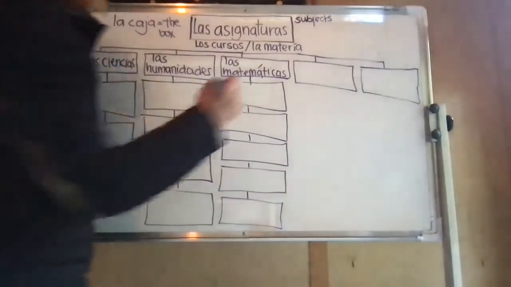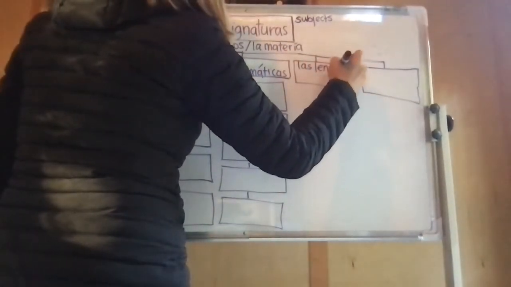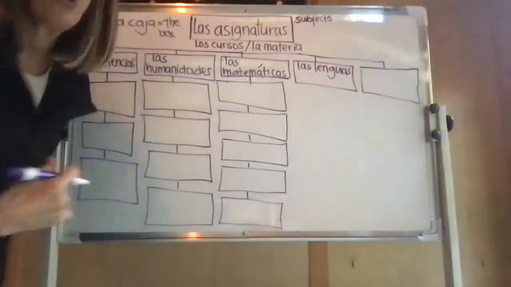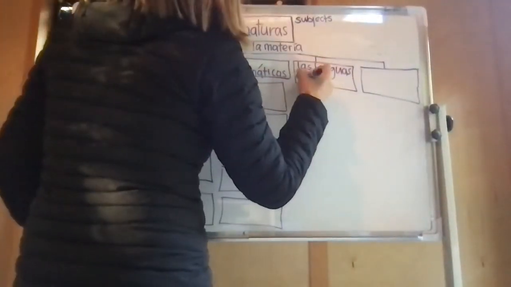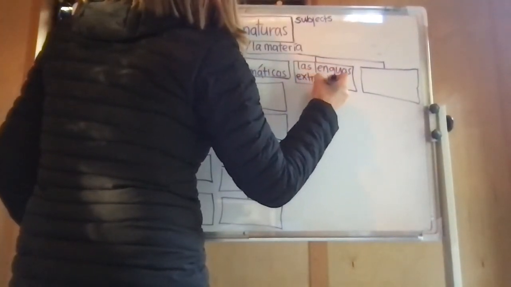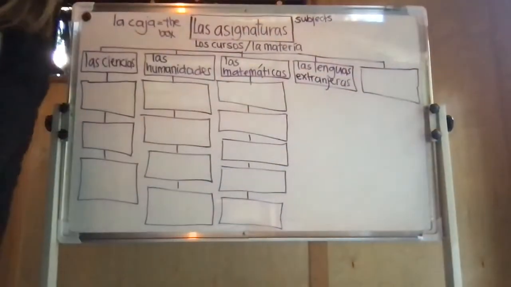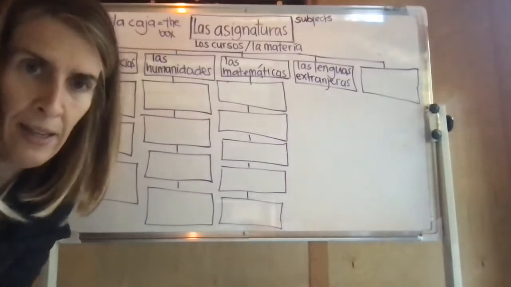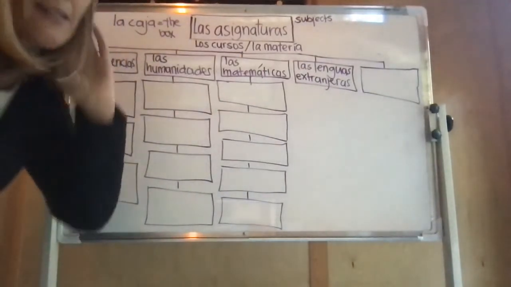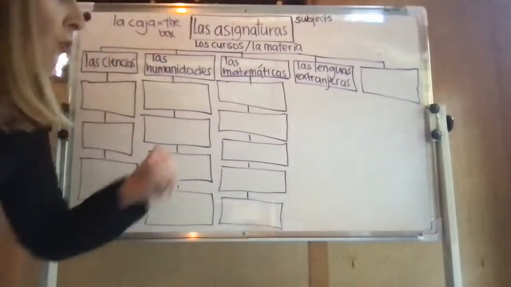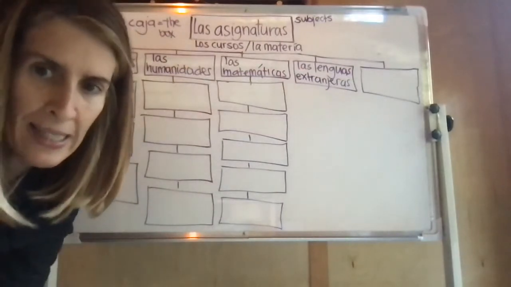Y luego we have las lenguas, and that means the languages, but I'm going to call them the foreign languages, okay? Las lenguas extranjeras. If someone is an extranjera, that means they're a foreigner, okay? So extranjero or extranjera means foreigner. So foreign languages are las lenguas extranjeras.